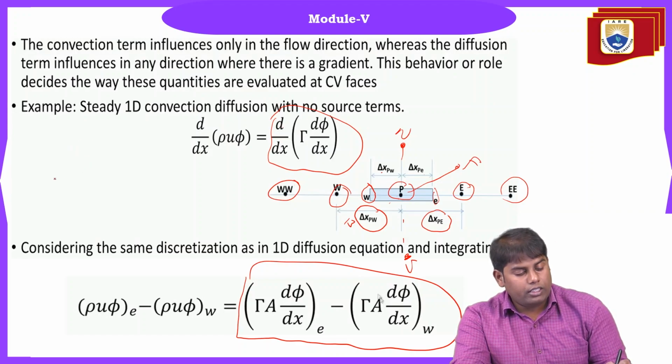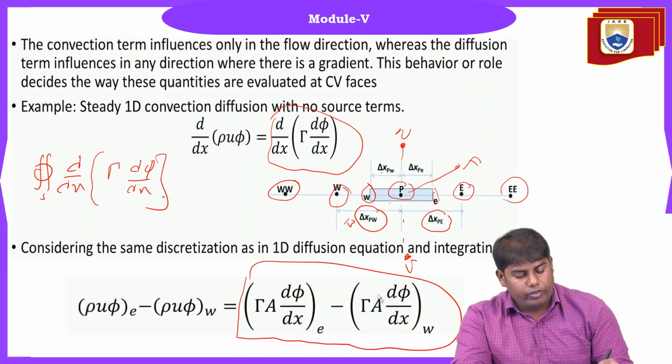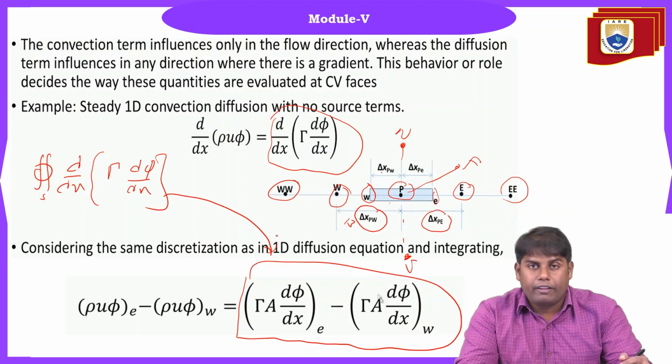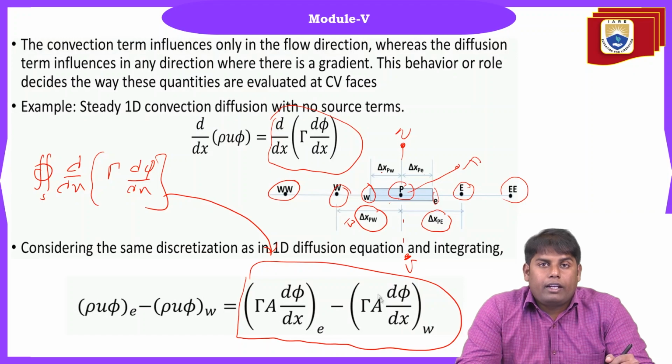So here you can see, when we do the surface integral of d by dx of gamma into d phi by dx, we obtain this equation. Fine. Since we are calculating the surface integral, we need to evaluate the value of gamma and A, and next phi at the surfaces actually. So this is what we need to do.